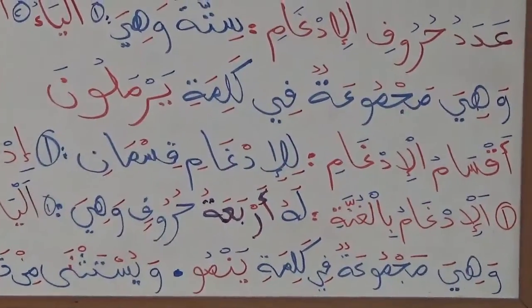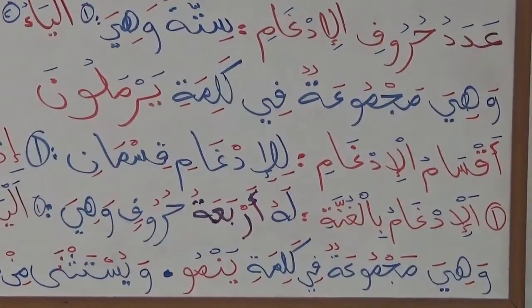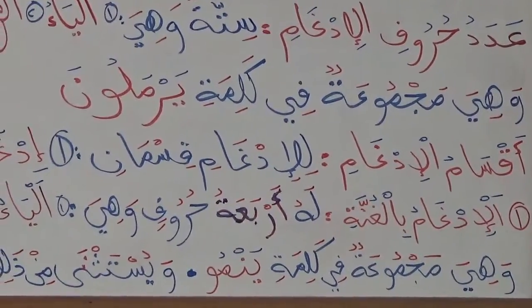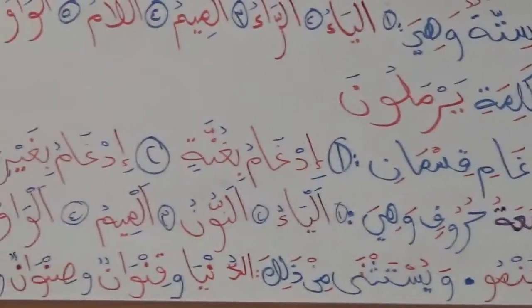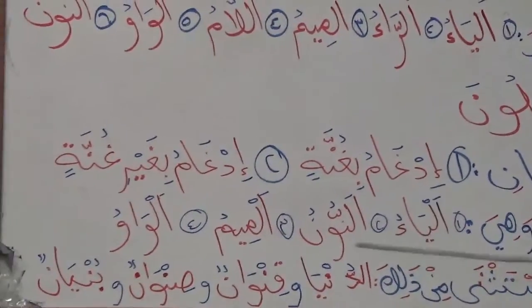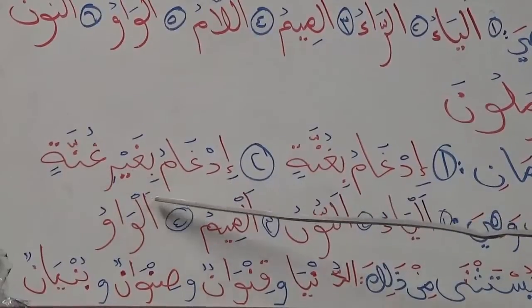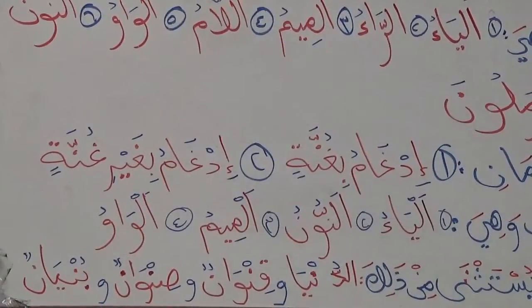What is ghunna? It means that I expect that at some point, in one idgham, I will have to spend time. And then he said there is an idgham bi ghayri ghunna, an idgham where the letter will go inside the letter, but I will not spend time. You with me? So idgham has 2 kinds.